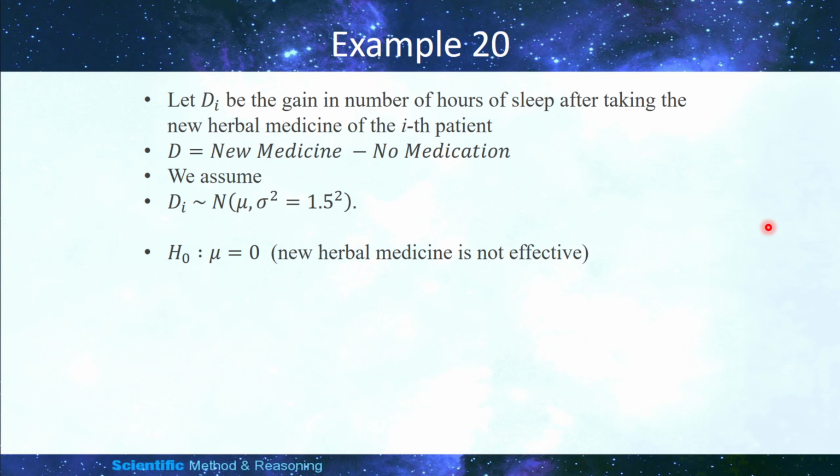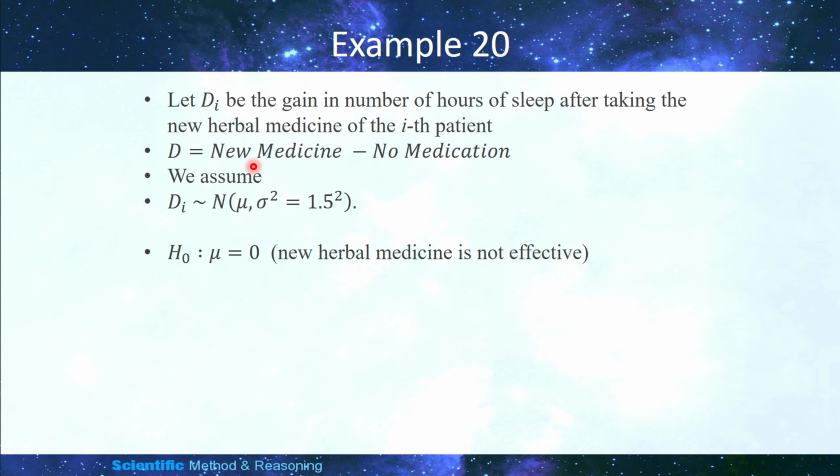Okay? Now, the null hypothesis is that the new herbal medicine is again not effective. No effect. If the new herbal medicine has no effect, then the gain in the number of hours of sleep for each individual patient would just be a random fluctuation around 0.